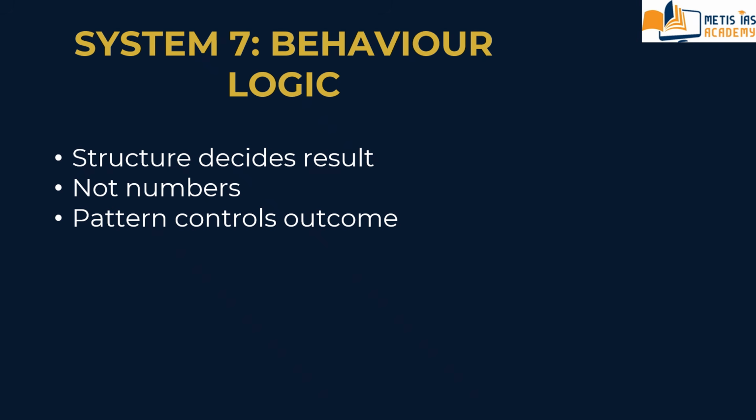And we are moving to the final system, that is behavior logic. The actual question we have taken is from CSAT 2020. Let P, Q, R and S be natural numbers, which is always even. This is the question. What we have to understand is that this is not arithmetic.